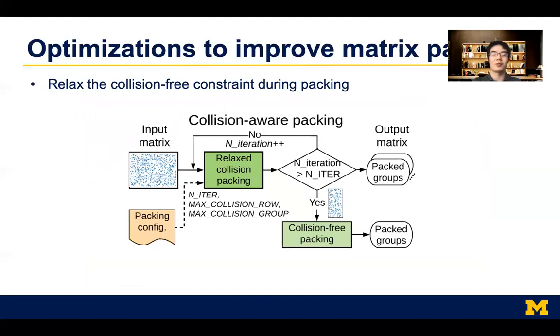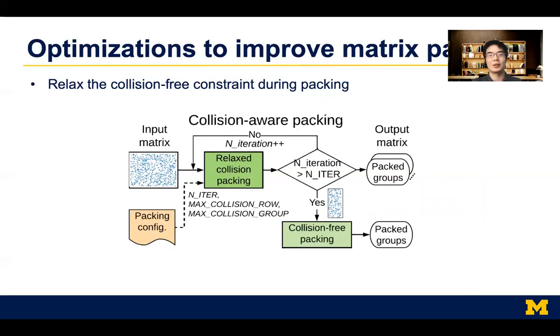Because a few collided entries prevent the merging of different columns, we proposed a collision-aware packing scheme. It's actually a 2-step process. The first one is relaxed collision packing, where we apply user-selected constraints like how many collisions are allowed per row and how many collisions in a group.